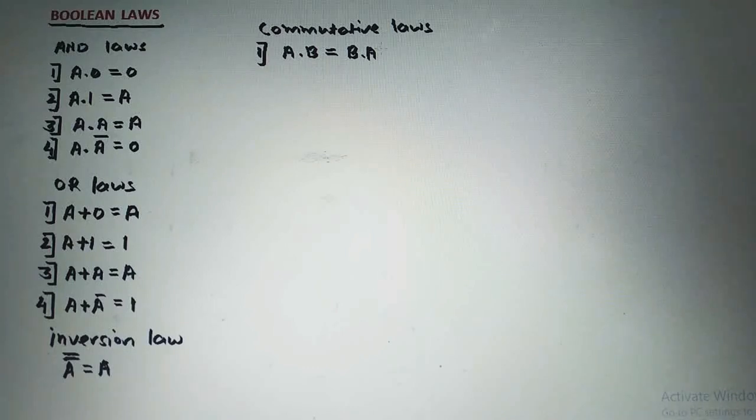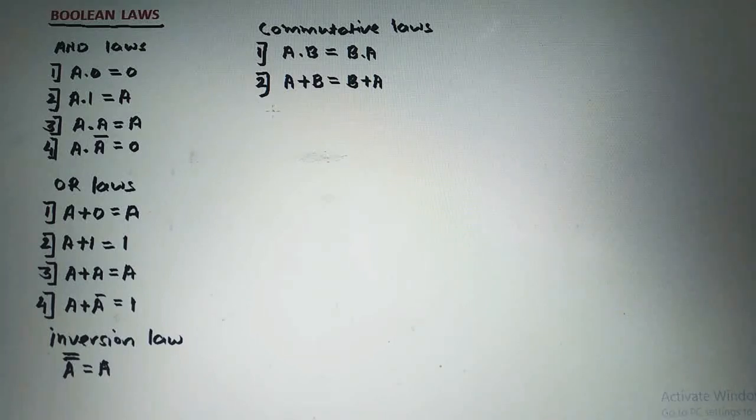So this is the first commutative law in Boolean laws, that is a dot b is equal to b dot a. The second commutative law is a plus b is equal to b plus a. This is second commutative law, that is a plus b is equal to b plus a.